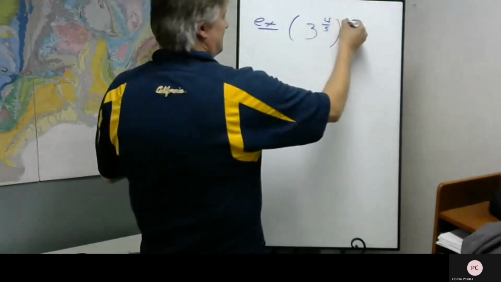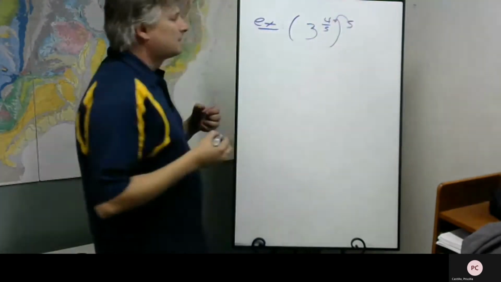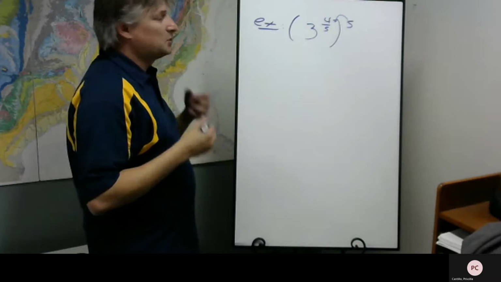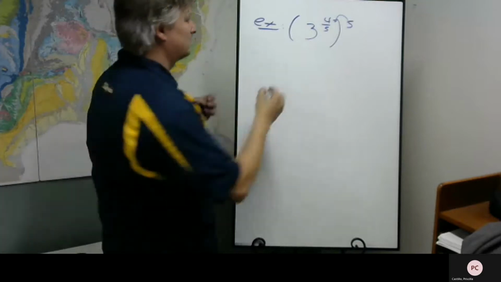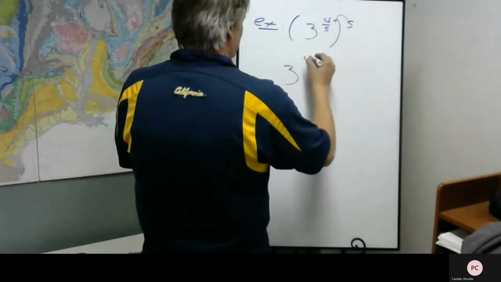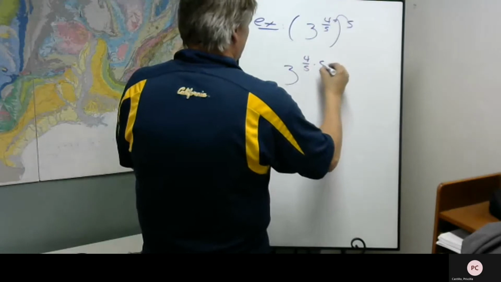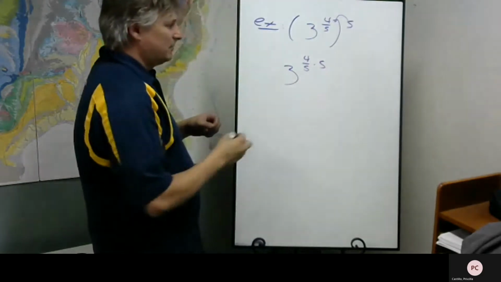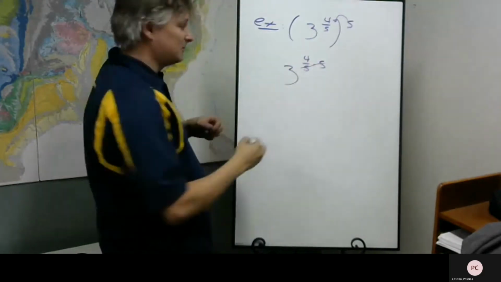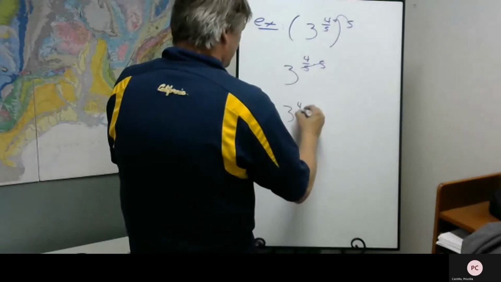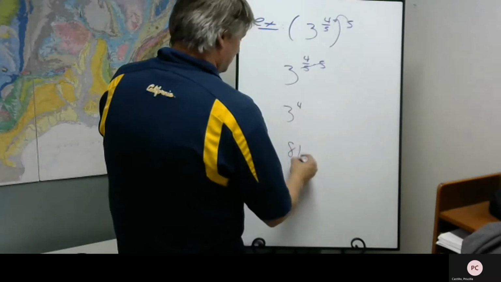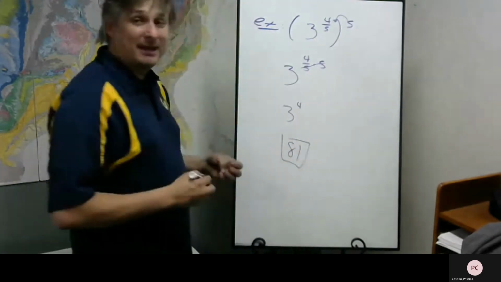Well, for this, we can definitely distribute that as an exponent. We'll get 4/5 times 5, which those are going to cancel. We'll get 3 to the 4th. That's equal to 81.